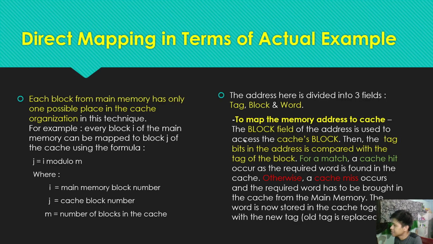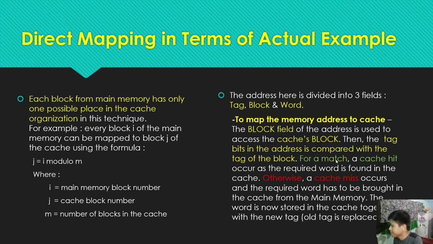So the address here is divided into 3 fields. We have the tag, block, and then the word. So here is now the process. To map the memory address to cache, the block field of the address is used to access the cache block. Then the tag bits in the address are compared with the tag of the block.